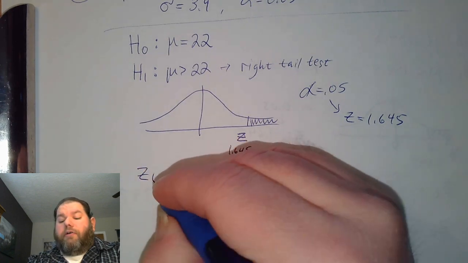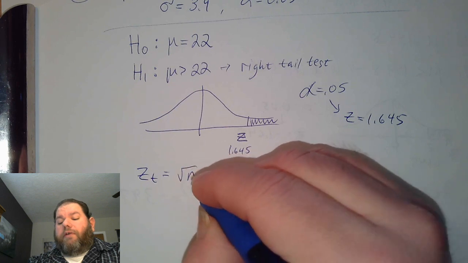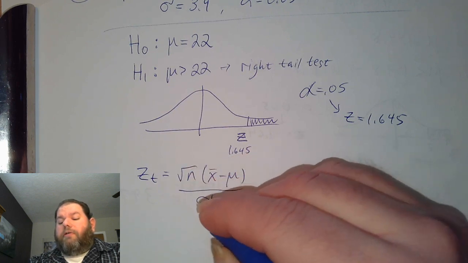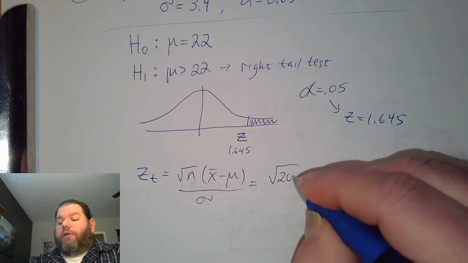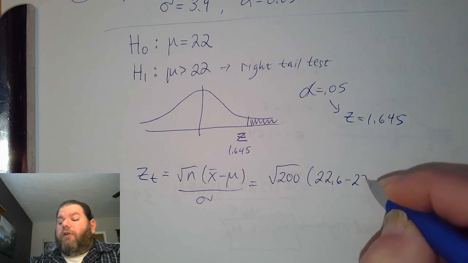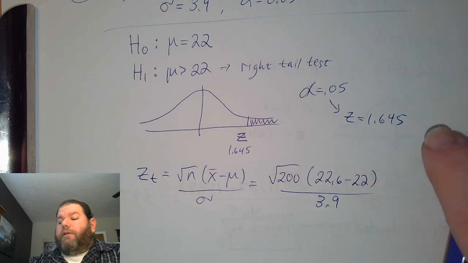Now we find our test value. Square root of n times x bar minus mu over sigma. So we'll have square root of 200 times 22.6 minus 22, and then divided by 3.9.